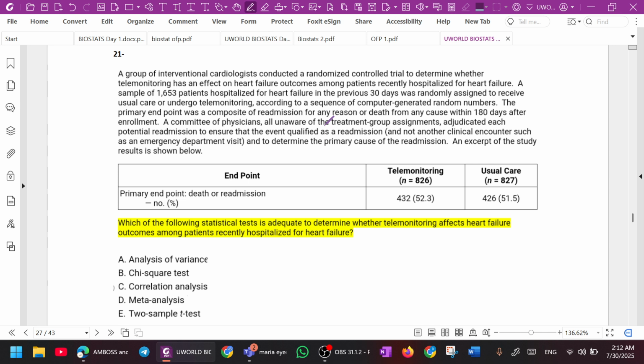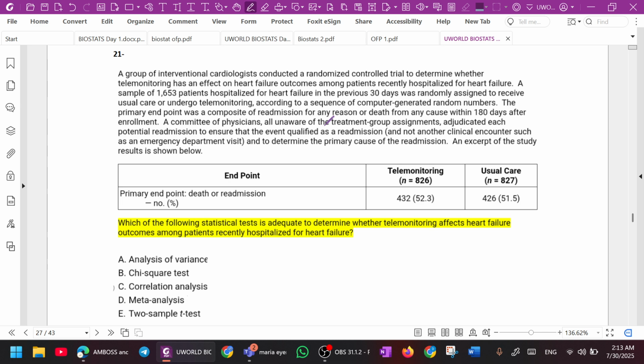Okay, you think it's correlation analysis. Why? They are looking for the relation between heart failure, telemonitoring outcome, and recent hospitalization. That's why they are trying to correlate something.